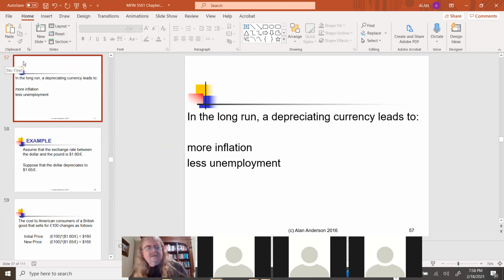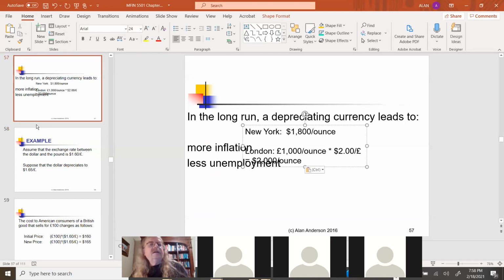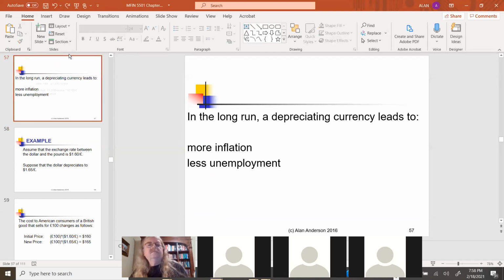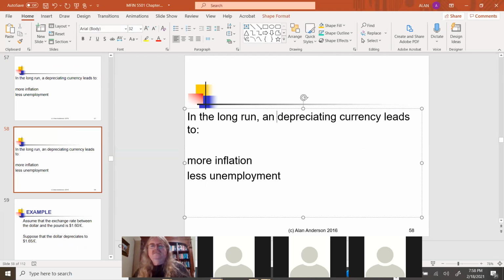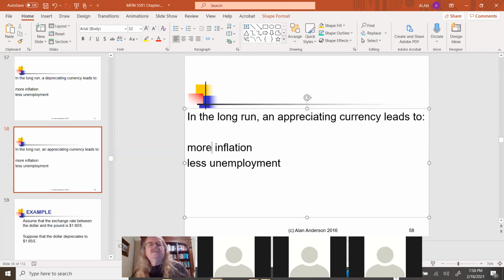So let me show you that one. So in the long run, an appreciating currency leads to the opposite, less inflation and more unemployment. So there's always a trade-off between the two.